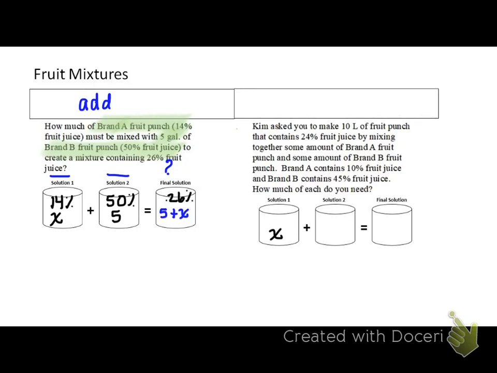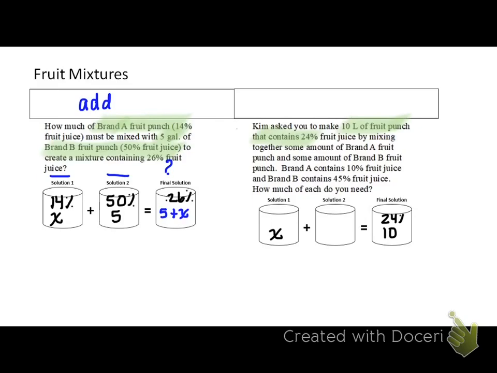So it tells us to create 10 liters of fruit punch at 24%. Is this our final solution? You bet it is. So 24% at 10 liters. What's the maximum liters we can have in here? It's 10, right?